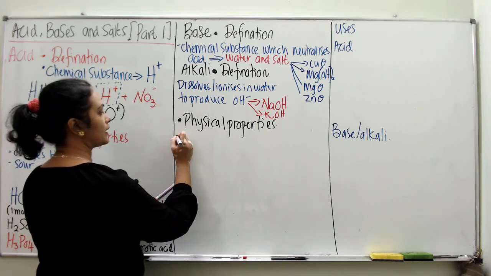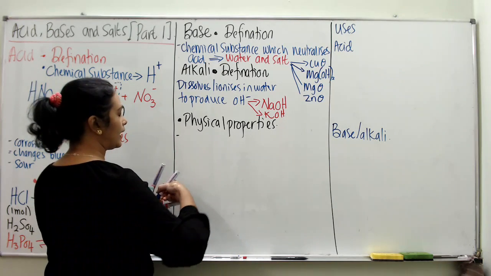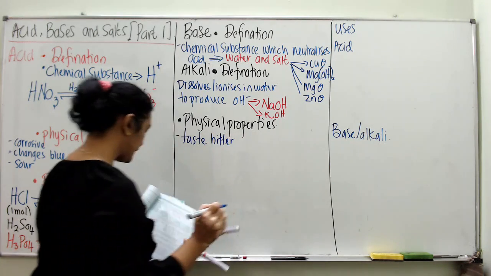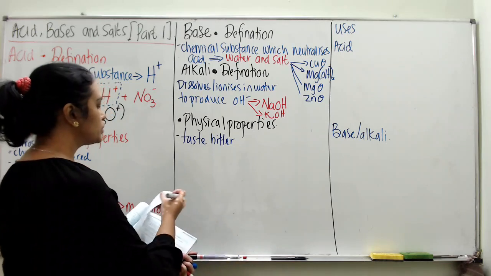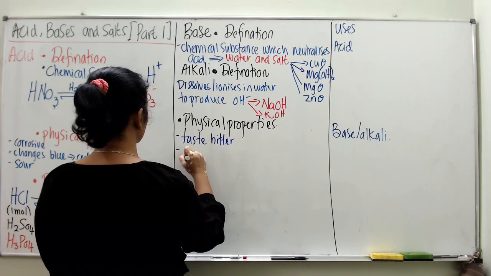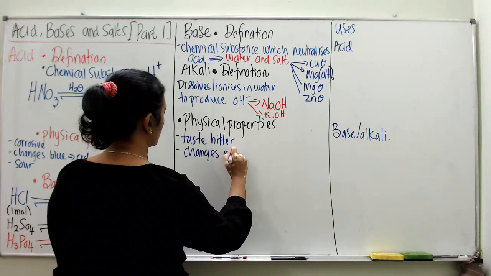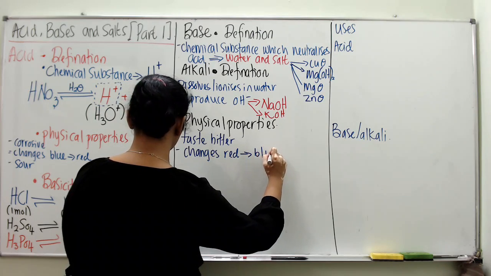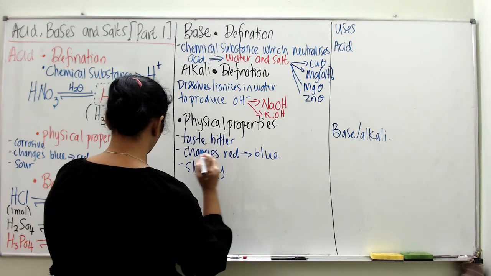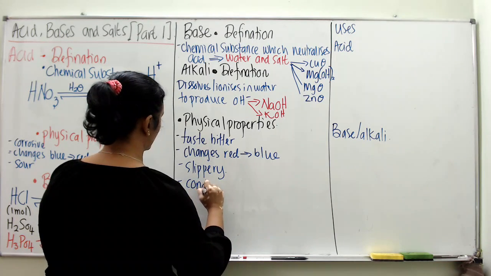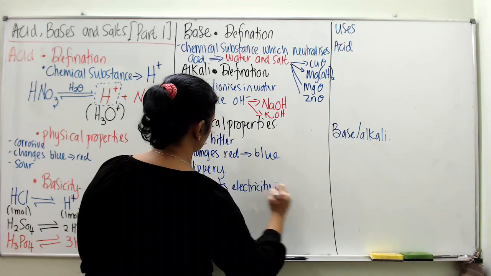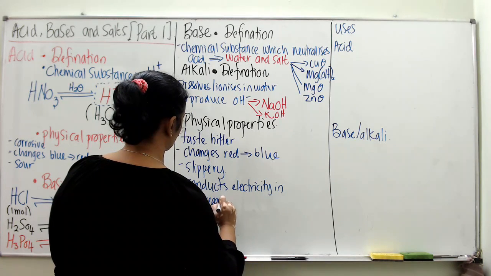Alkali tastes bitter, changes red litmus paper to blue, is slippery, and conducts electricity in aqueous solution.